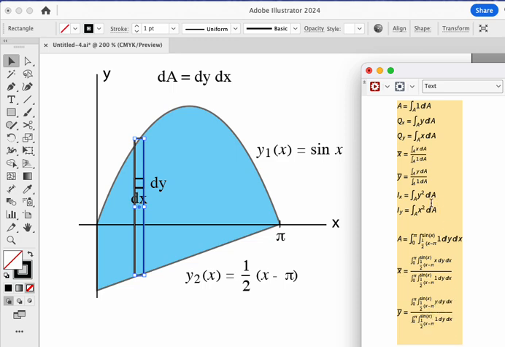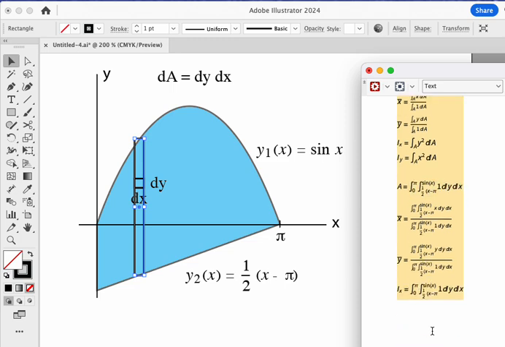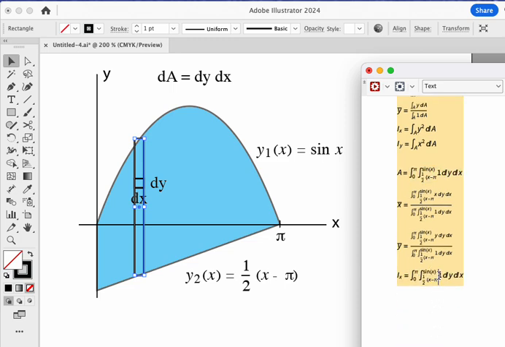If I want to do I of x, so here's I about the x-axis, that's just going to be equal to, again, just copy this, paste it there, and we're doing about the x-axis, so the distance is y, so that's y squared dA.